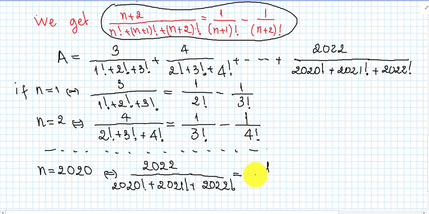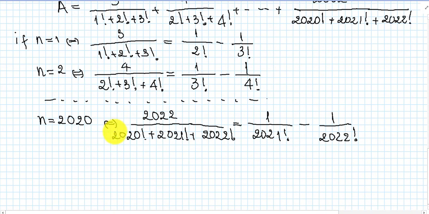It equals 1 over, replacing n by 2020 plus 1, 2021 factorial, minus 1 over, replacing n by 2020 plus 2, 2022 factorial.